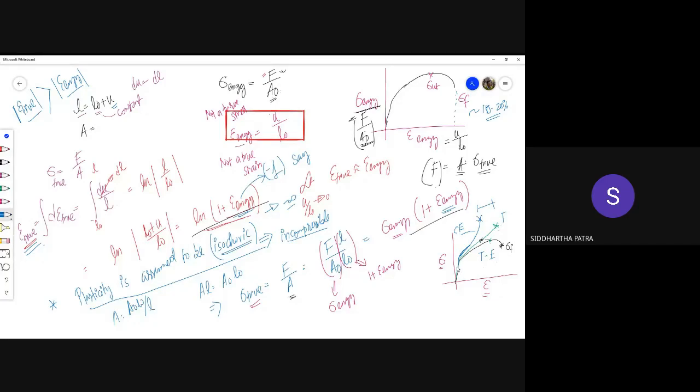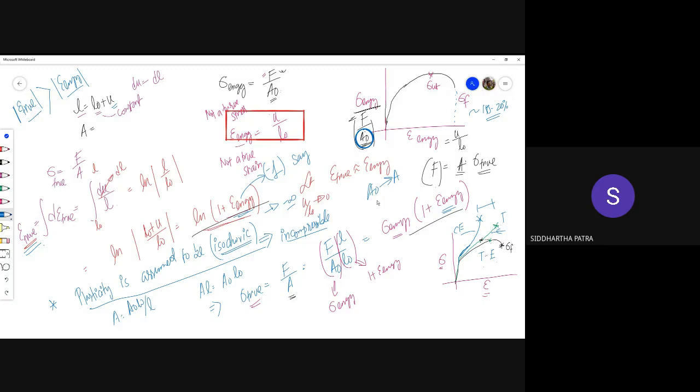So again, as you apply compressive force, the cross section area doesn't reduce. From A0 to A, the cross section is simply increasing because you are compressing the bar. Because of that, the true stress strain diagram is the same for both the materials.